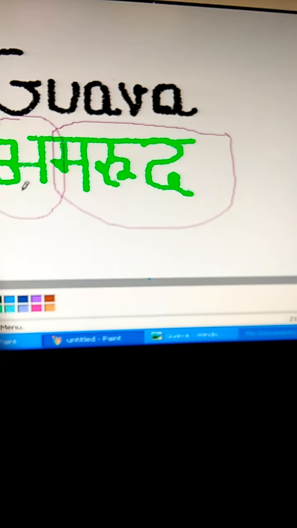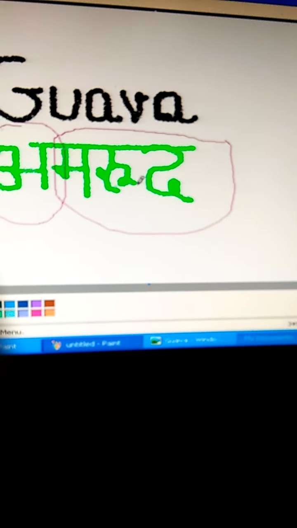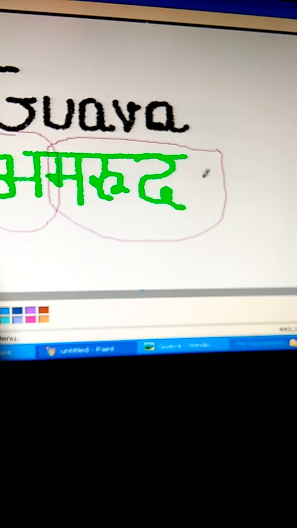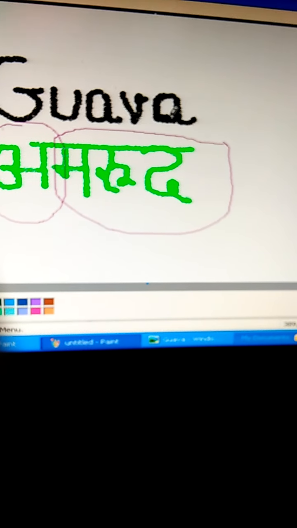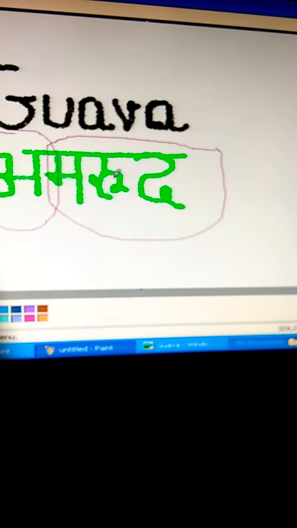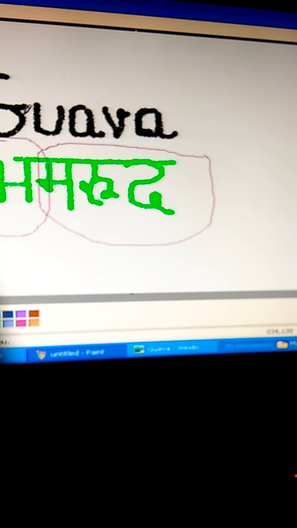A means A for Amrud. The English meaning of Amrud is Guava. A for Amrud, the English meaning of Amrud is Guava.